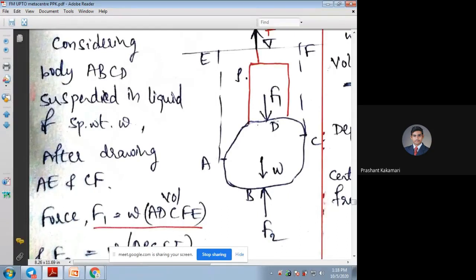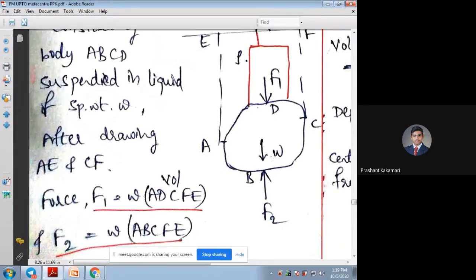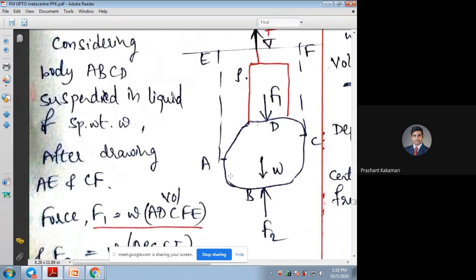The total force acting due to this upper volume ADCFE they have taken as F1. One more volume they have considered is the total volume from the free surface of water, which is ABCFE, the volume of liquid and the total volume of the stone or irregular body also. The force acting because of this volume they have considered as F2. So that is the weight into this volume ABCFE.